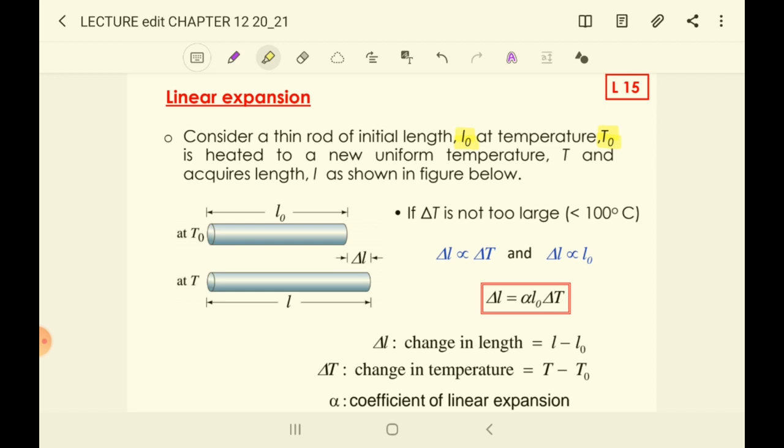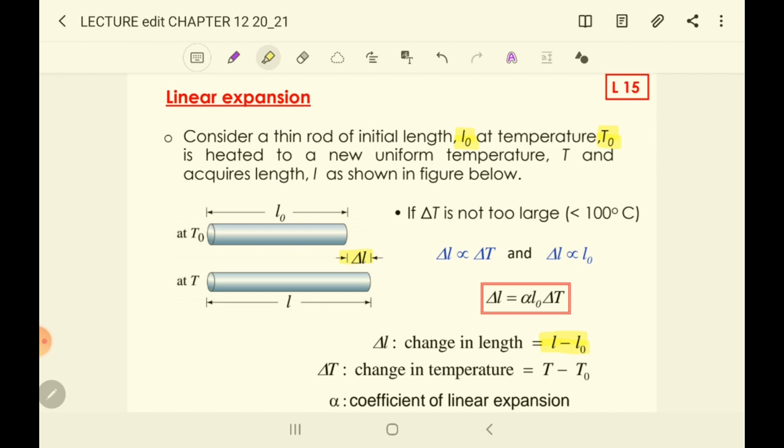The thin rod will expand outward along a linear axis, and the distance by which the rod expands is given by delta L, where delta L is the change in length.